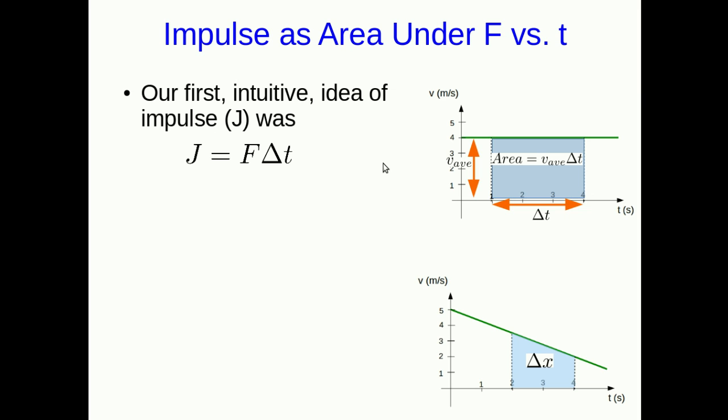Our first intuitive idea, based on the idea that changing the force was equivalent to changing the amount of time during which you apply the force, was that the impulse, which is the total effect of the force, is the force times the time. Or a little more precisely, since this was really based on the average acceleration, this should really be the average force here.